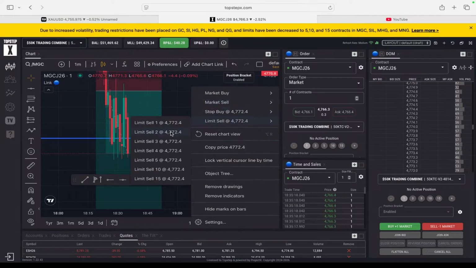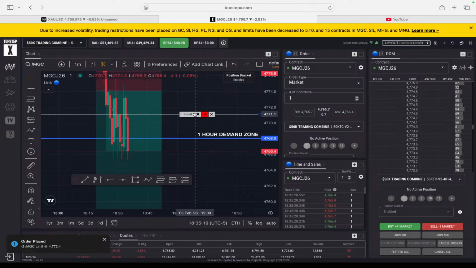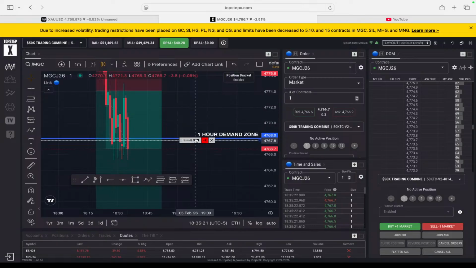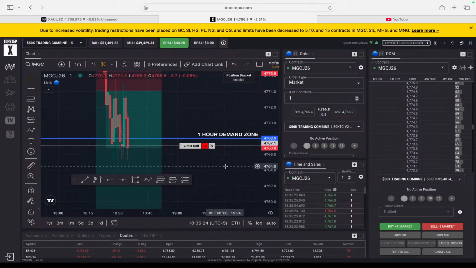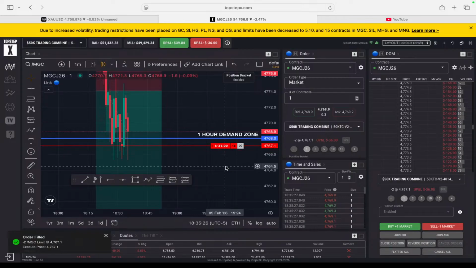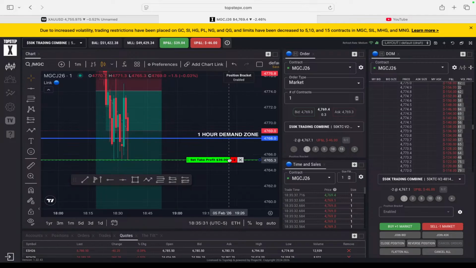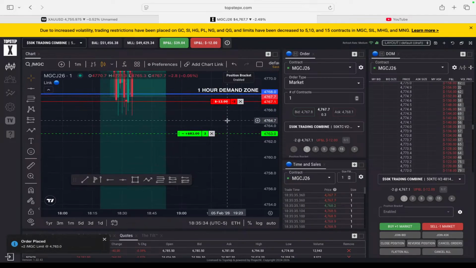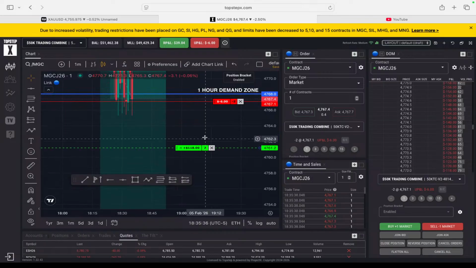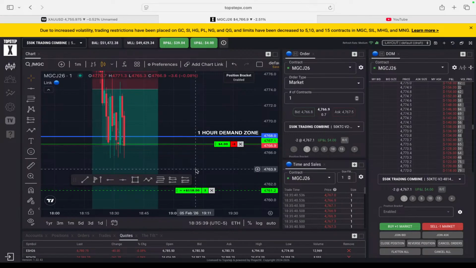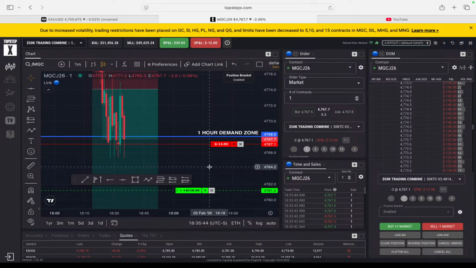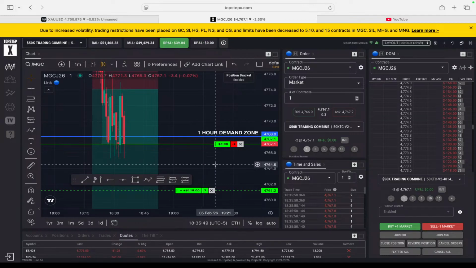Yeah, that was a sell right there. Order filled. Holy shit. That shit just squeezed. What am I up? 39.